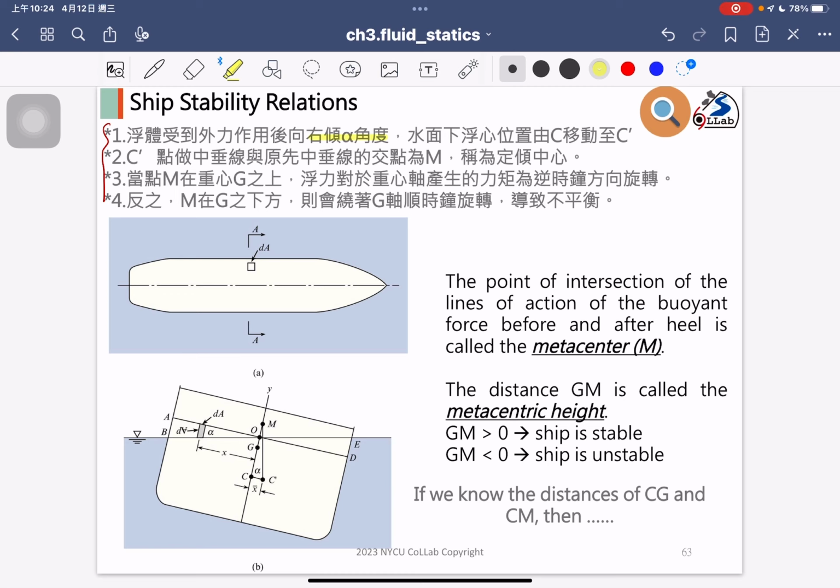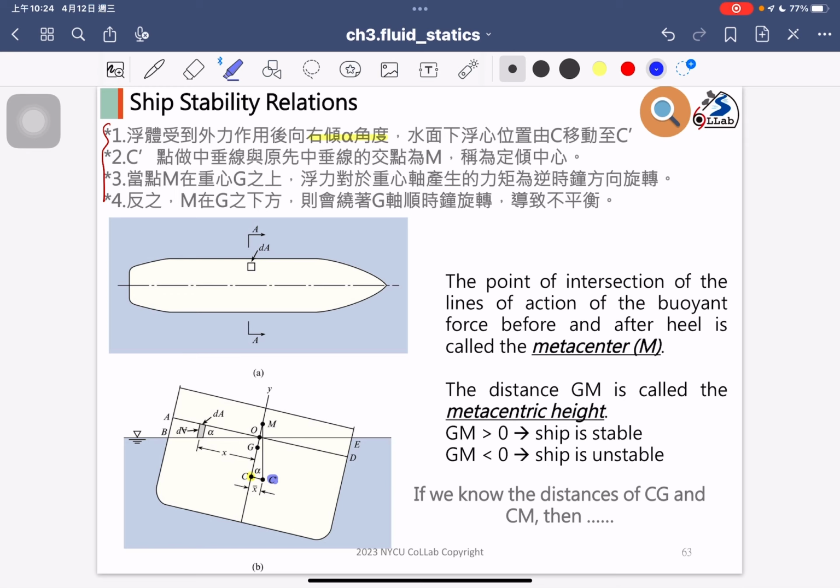And C is the center of the initial buoyancy. After you rotate by the alpha angle, C will move to C prime. You can see the figure showing here, we have C prime after you rotate by the alpha angle.